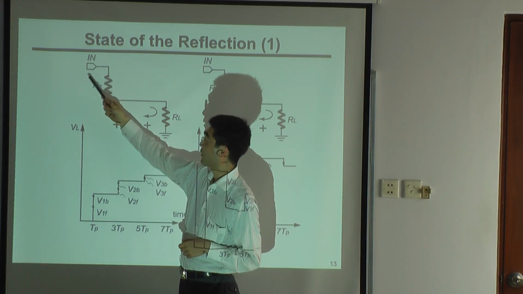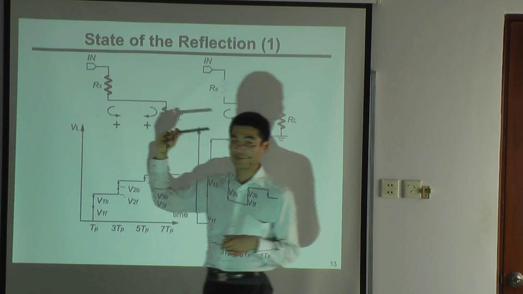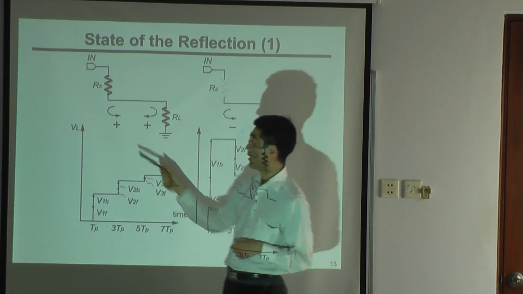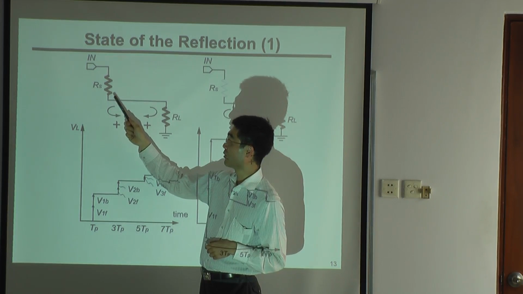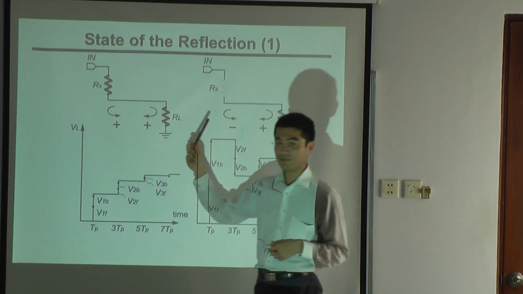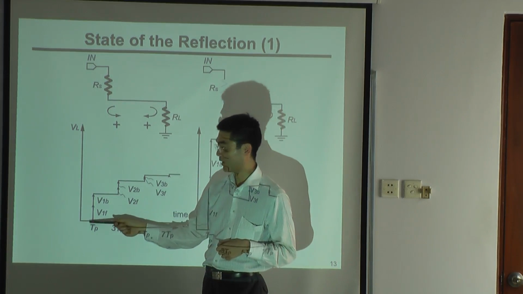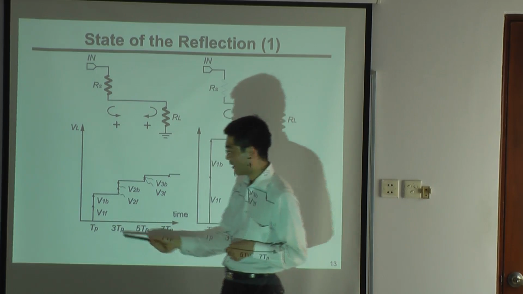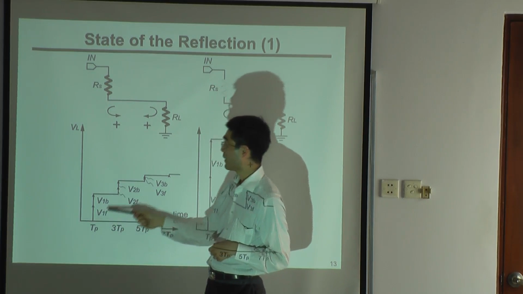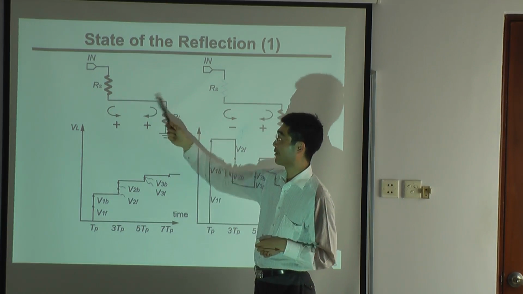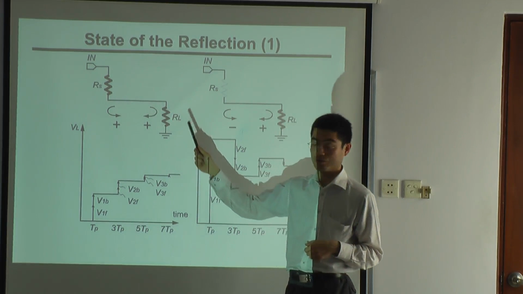In this case, let's say there is an incident wave here at time 0. And it takes time to go from here to here, and it takes time tp. At time tp, finally, the signal comes here and it has voltage.